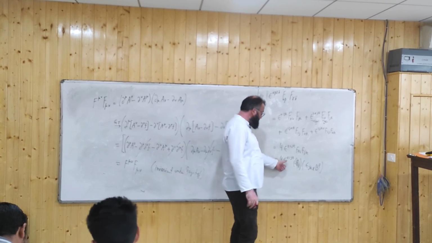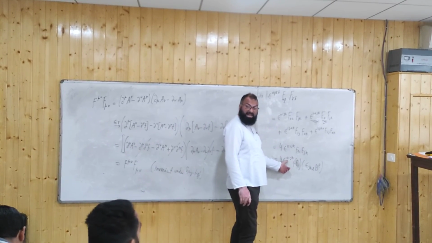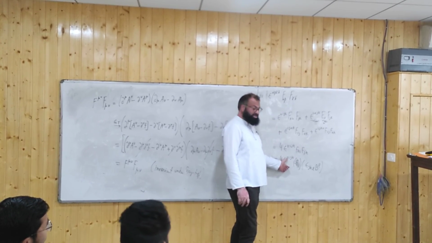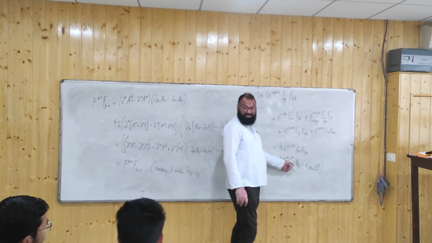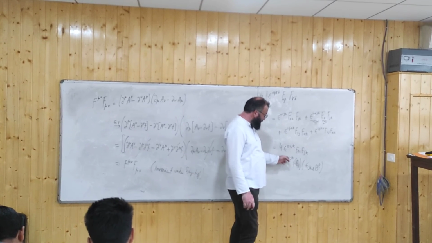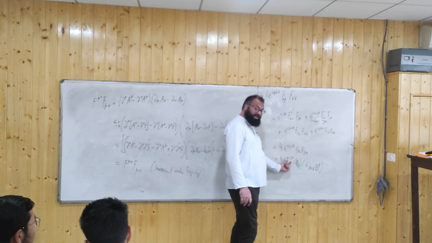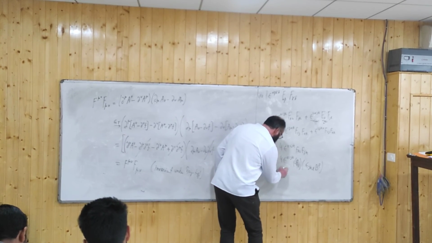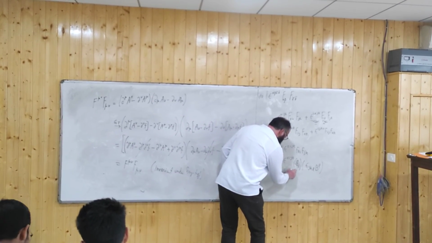Now this epsilon 0 i j k, since one index is 0, acts in the same way as epsilon i j k. So forget about the 0. So this is minus 4 epsilon i j k.